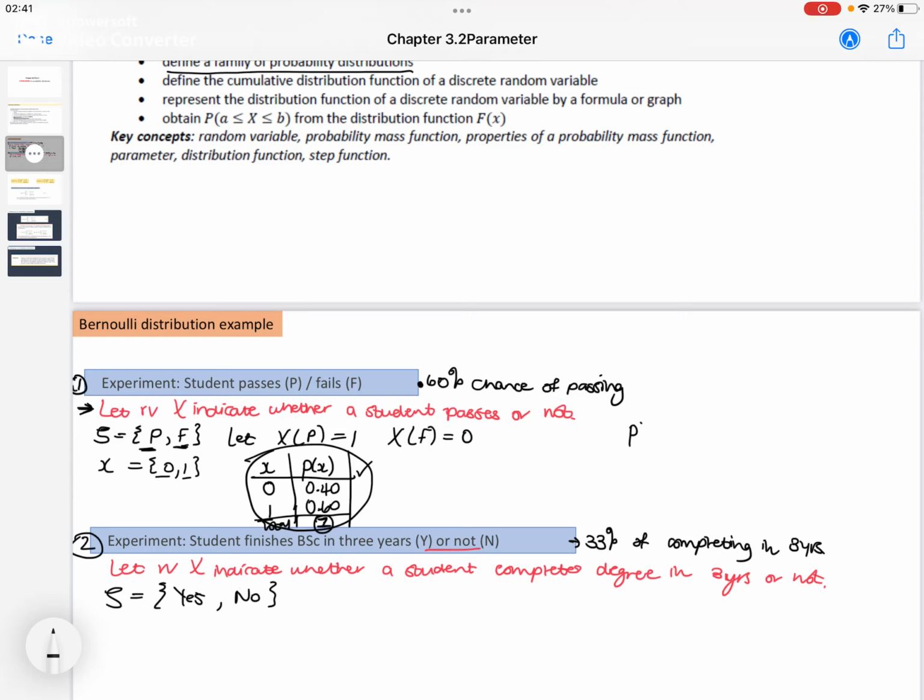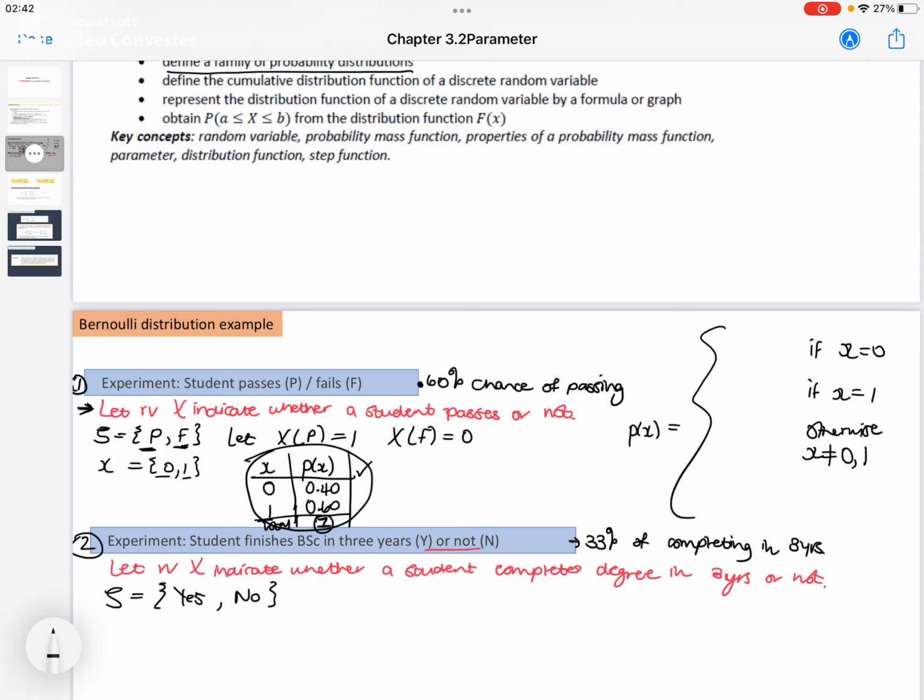Now, if we represent our PMF using a formula, we start by writing P(x) equal to, and in curly brackets, the probabilities if you observe x equal to 0, if you observe x equal to 1, and otherwise. This otherwise covers all other possible values of random variable x that are not equal to 0 or 1.